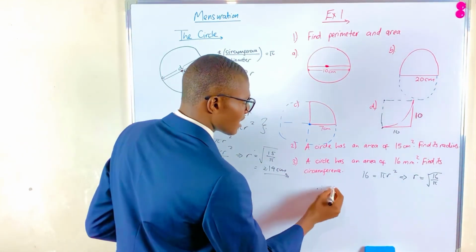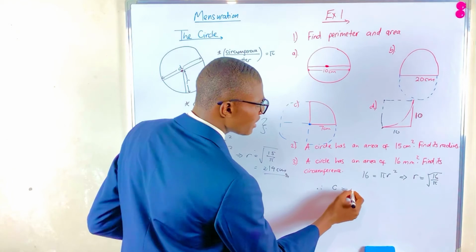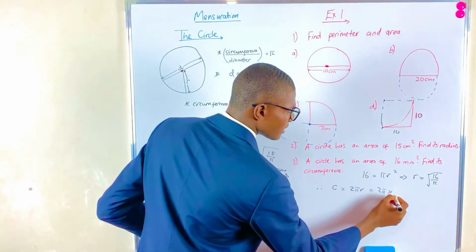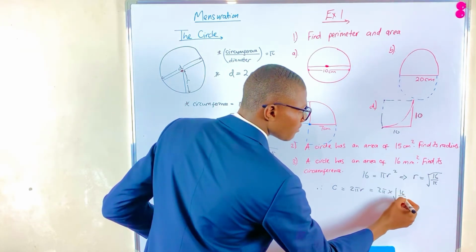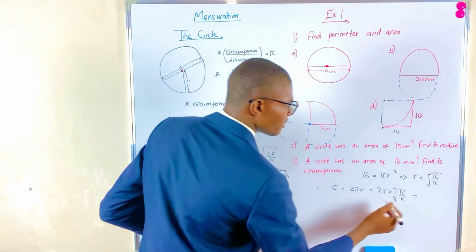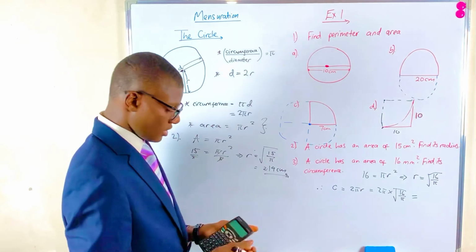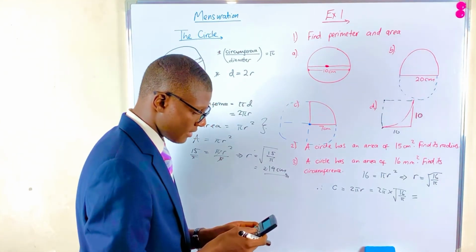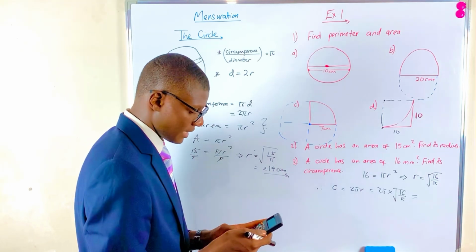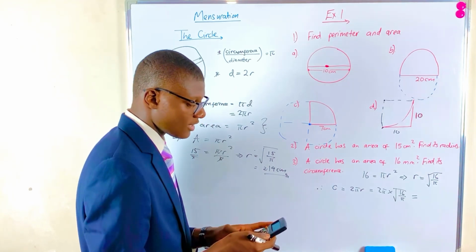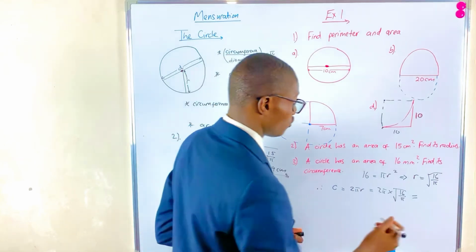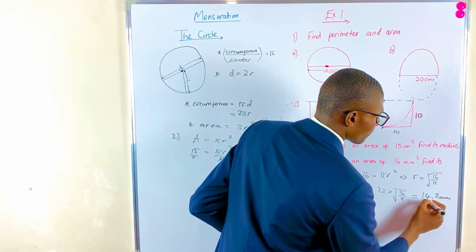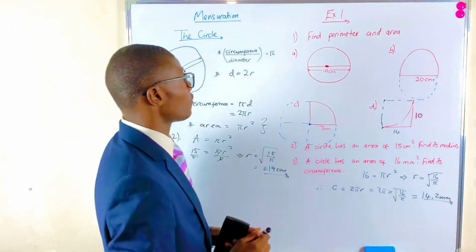Therefore, the circumference being equal to 2 pi r would be equal to 2 pi times the square root of 16 over pi. That will give us an answer of 14.2. So 14.2 millimeters would be the circumference of the circle.